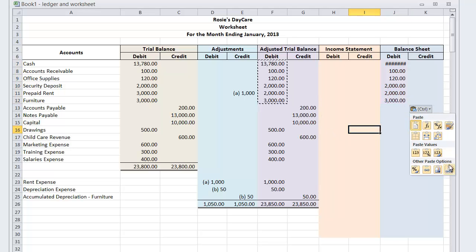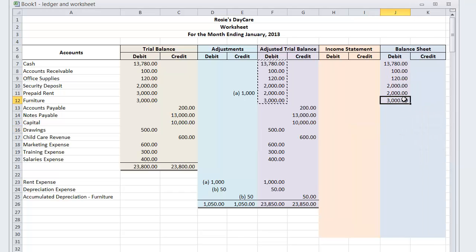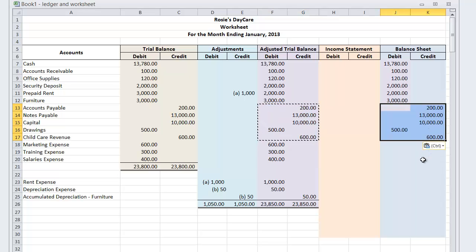Let's make this a tiny bit bigger. Then we know that accounts payable, yes, balance sheet. Notes payable, yep, balance sheet. Capital, balance sheet. And drawings, yep, balance sheet. So all this is for our balance sheet. We paste it right there.